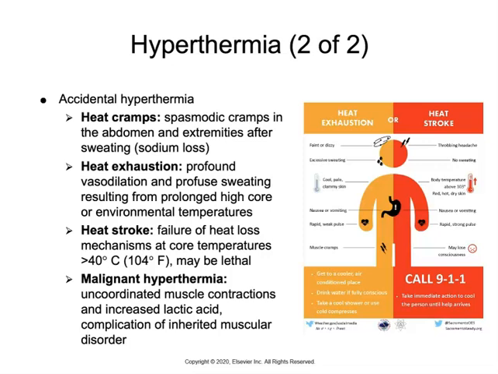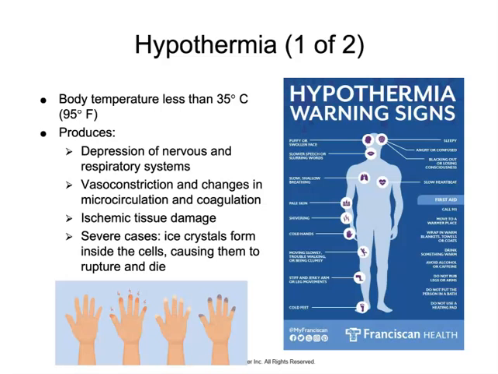So we want to recognize this early on so that we can prevent severe outcomes. The treatment is to remove the agent and cool that person down and administer drugs that are going to antagonize the ryanodine receptor.